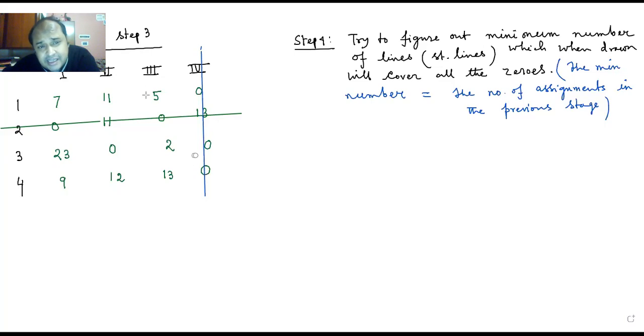But I don't know what I am supposed to do at this particular point, because this drawing of the line, if done in a clever way, and if I'm lucky enough, will help me reach the solution quickly.